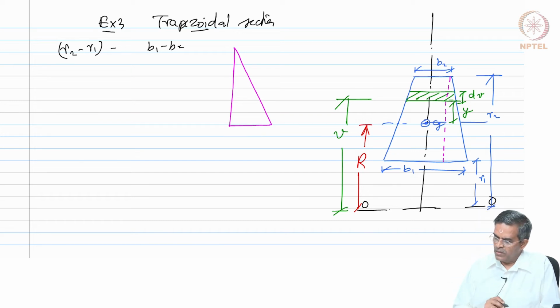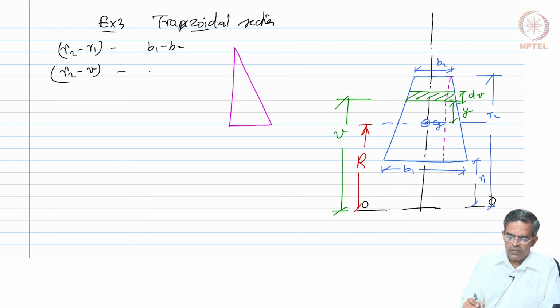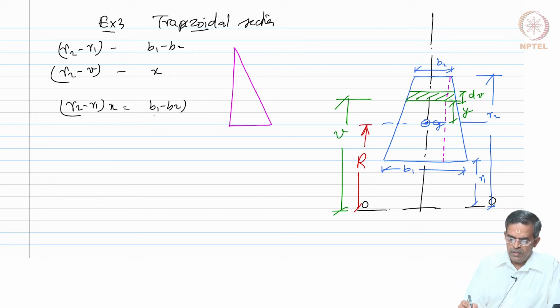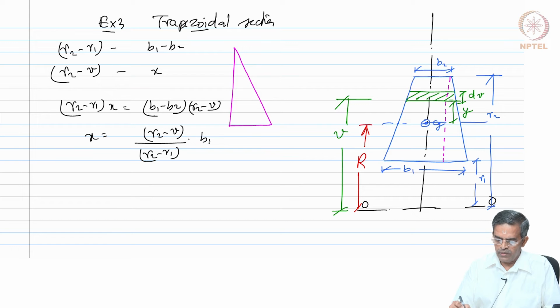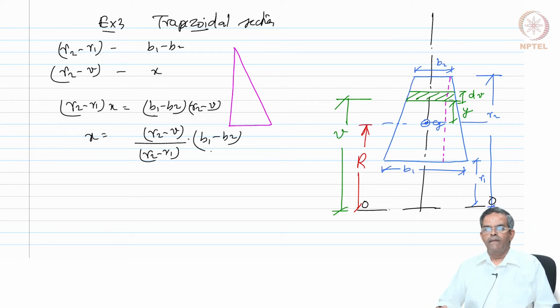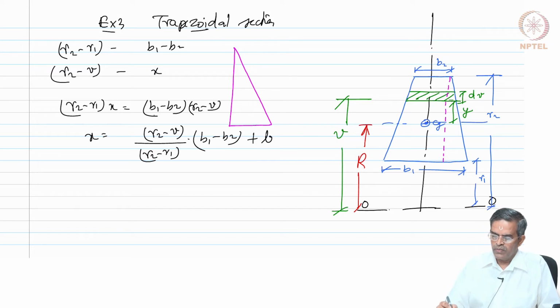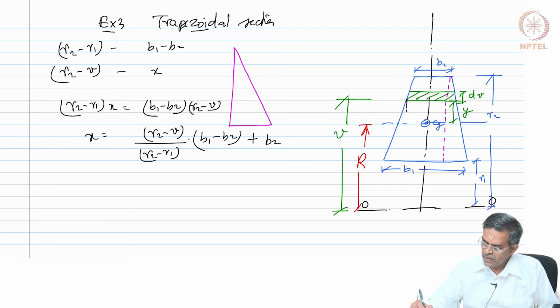Okay. So, if it is R2 minus V, let us call this variation as x. R2 minus R1 into x is B1 minus B2 into R2 minus V. Therefore, x will be R2 minus V by R2 minus R1 of B1 minus B2, plus B2, because I am looking for this distance as x, right.